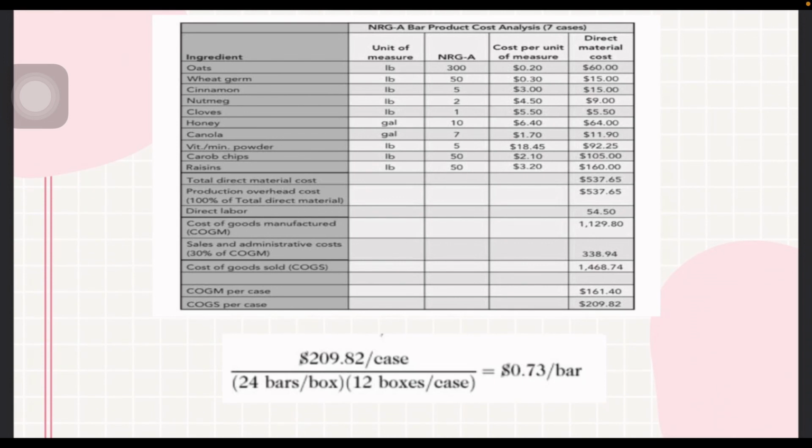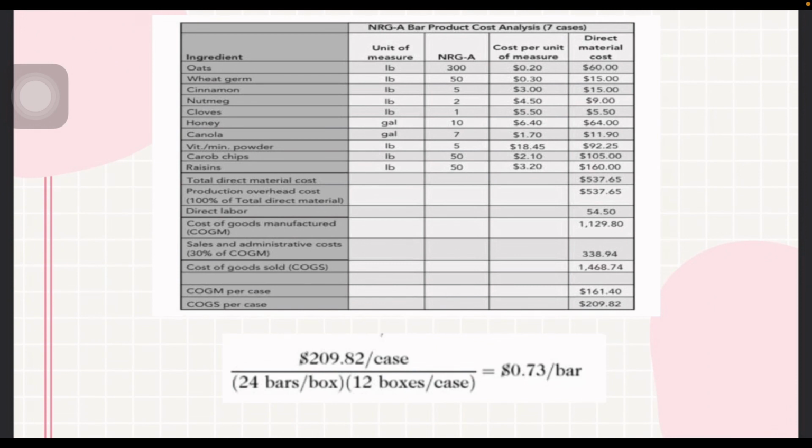The sum of the direct materials, production overhead and direct labor is the cost of goods manufactured, or COGM. Currently Fitter uses a rate of 30% of the cost of goods manufactured to estimate the sales and administrative cost. Adding the sales and administrative cost to the COGM gives the cost of goods sold, COGS.